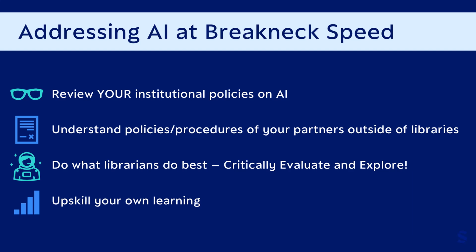And keep in mind, many providers of information are working within the same space as you, adjusting and pivoting to a rapidly changing environment. So remember that these are your collaborators, and working with each other can help to more robustly tackle the challenges in front of us all. Do what librarians do best: critically evaluate the landscape.